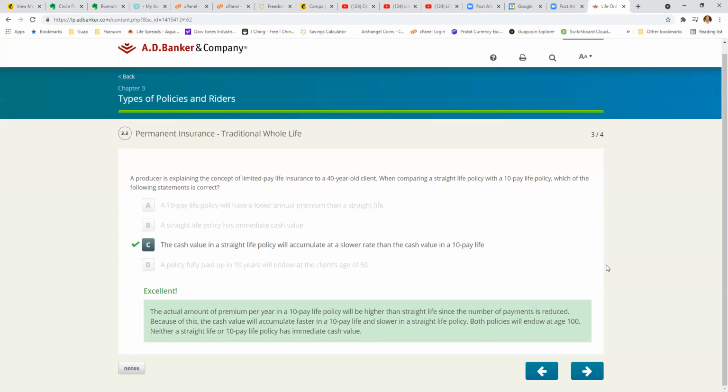But again, they're trying to really trick us with this question. They're throwing a bunch of different factors in to make sure we understand what all of these different variables are. And so if we think, oh, wait, one of those things has immediate cash value, that's true, but it's not any of these. Okay, make sense? Yes. Perfect.